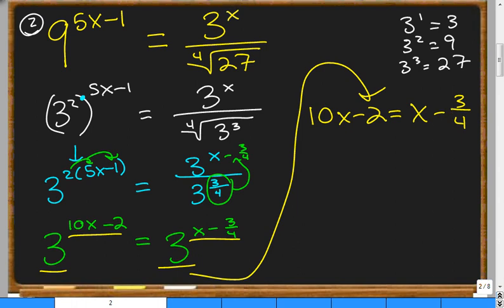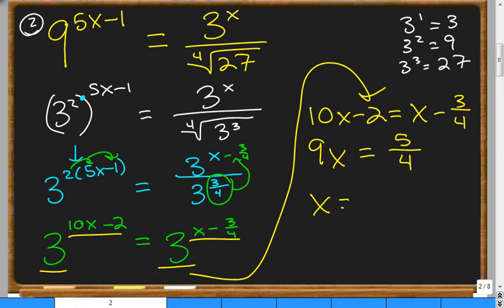So I'm going to move this over. I'm going to get 9x on this side. I'm going to then add the 2 over to the other side. If I did negative 3/4 plus 2, that's going to be the same thing as 5/4. I then am going to divide by 9 on both sides to get a single x.